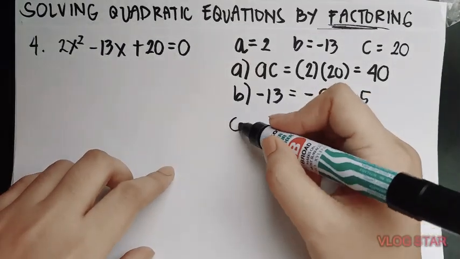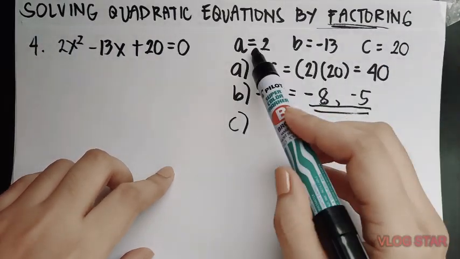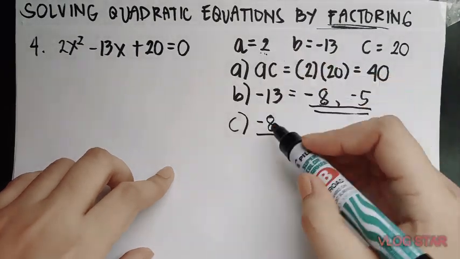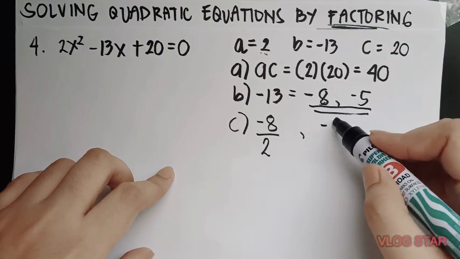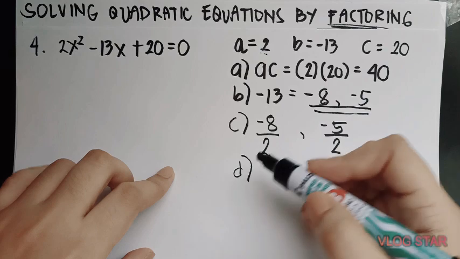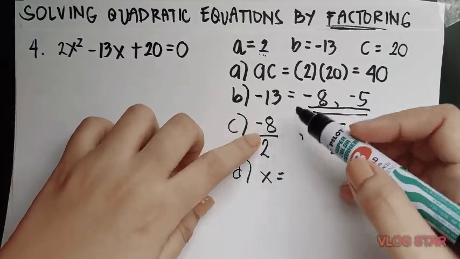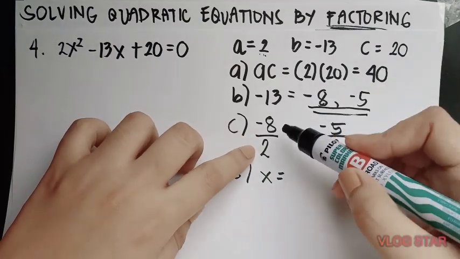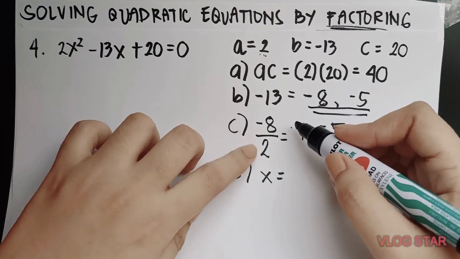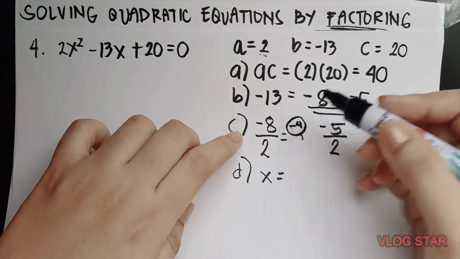Third step. So these are now the factors. Divide the factors by a. So we're going to have here negative 8 divided by 2, and the other one, negative 5 divided by 2. Fourth and last step, we have to flip the signs for the answer in letter C. Negative 8 divided by 2 is negative 4.